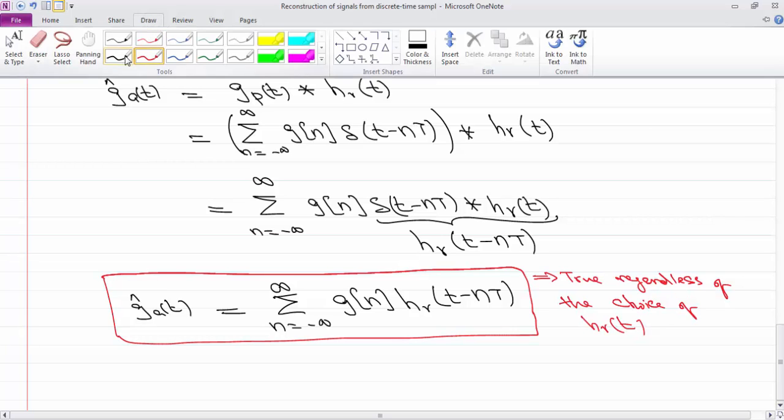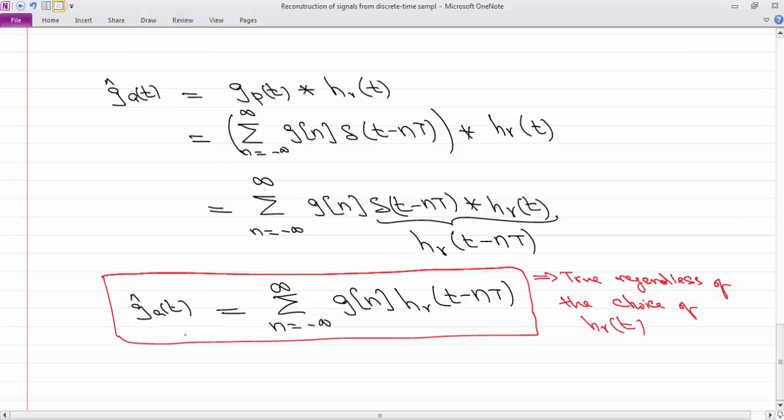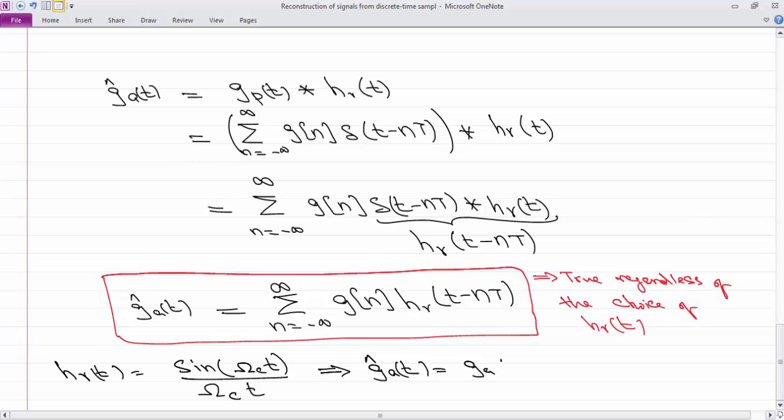But for the special case where the reconstruction filter is the ideal low-pass filter, where h_r of t is sin of omega_c t over omega_c t, this sinc, in that case we know that g hat a of t equals g_a of t. We proved it earlier using the frequency domain formulation.